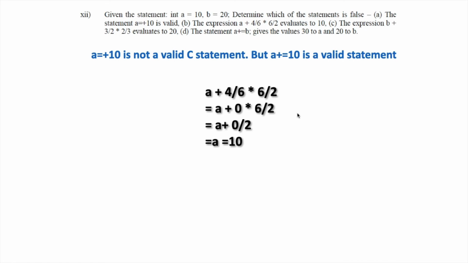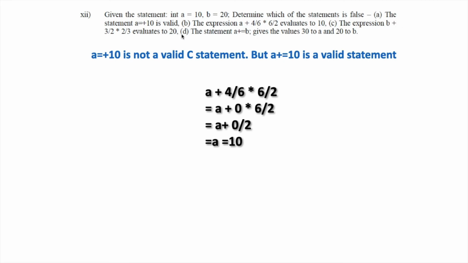We need to first perform the division operation, then the star operation. 4 by 6 will become 0, and then into 6, then 6 by 2. So 0 into 6 is 0, then by 2 this is again 0, so it will be 10. So this expression evaluates to 10 is true.